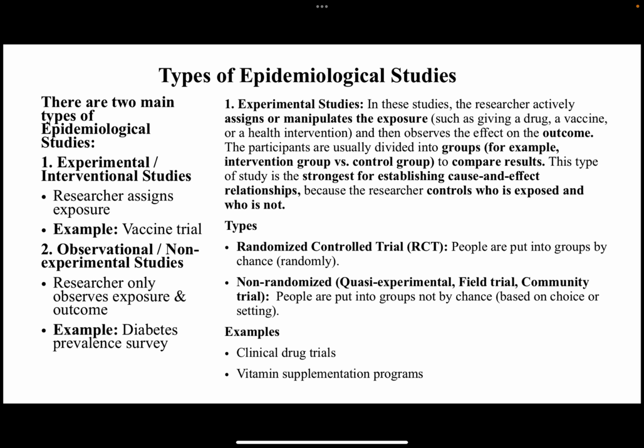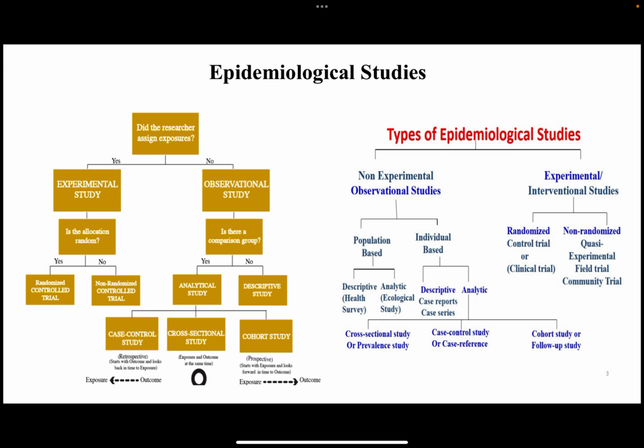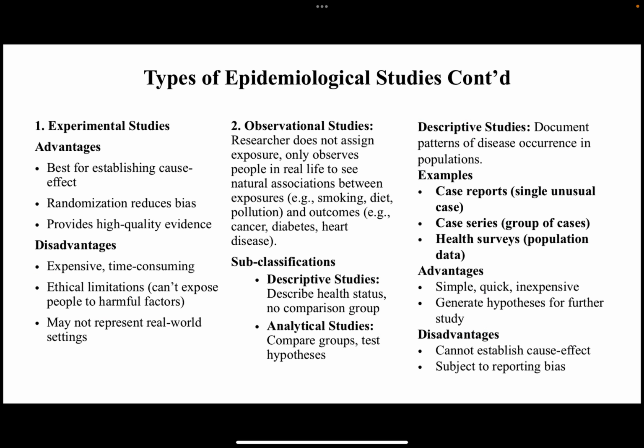Now, experimental studies are very important in the sense that they are best when you want to establish cause and effect. For example, you want to know the effect of a medication. You want to know the cause of something. Usually experimental studies are the best.